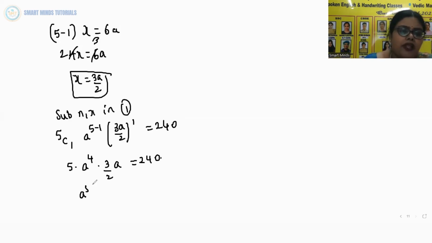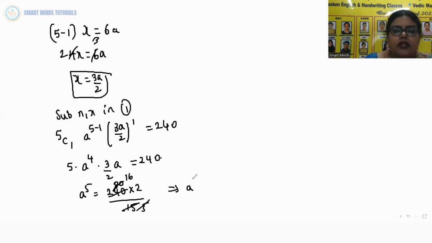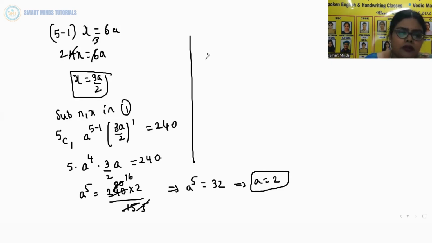So a^5 is equal to 240 into 2 by 15. So 3 fives are 15, 240 divided by 15 is 16, 16 twos are 32. So you got a^5 equals 32, so a is equal to 2. So finally we need to conclude. Therefore a is equal to 2.